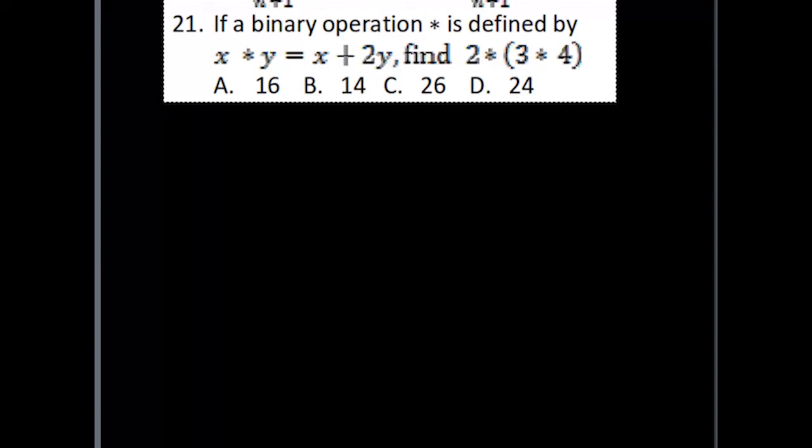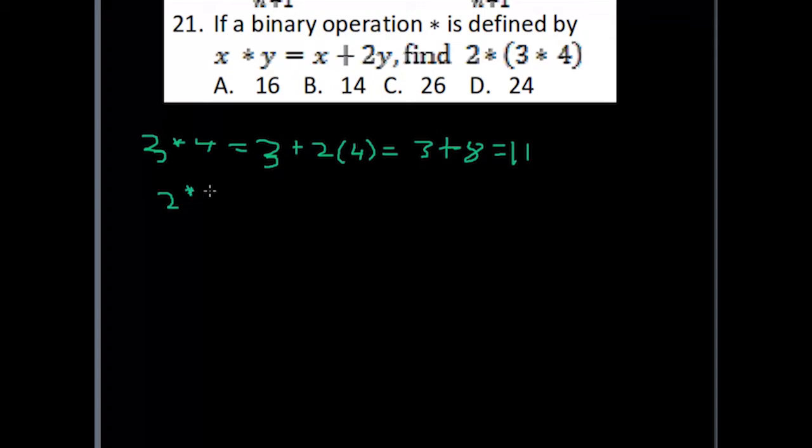Question 21 says if a binary operation star is defined by x star y equals x plus xy, find 2 star 11. The first thing we're going to do is express this in the bracket. So 2 star 11 is 2 plus 2 times 11.